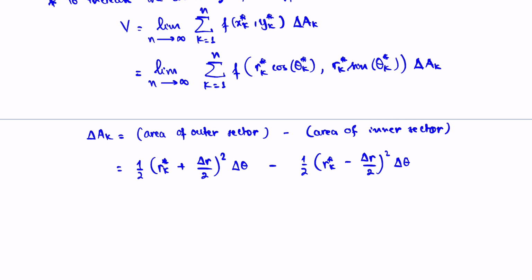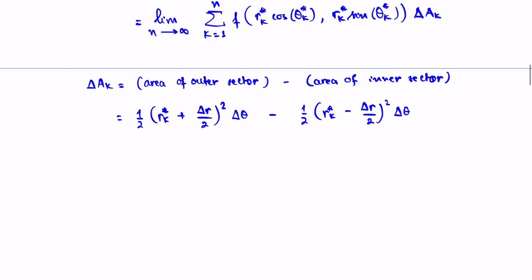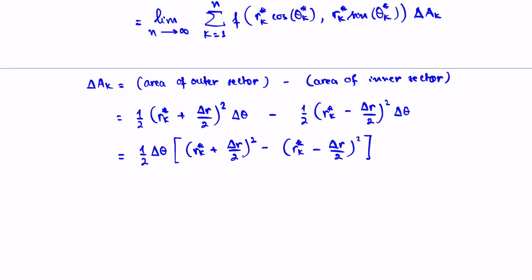So 1/2 delta theta is a common factor, and we factor that out. You're left with 1/2 times delta theta times r_k star plus delta r divided by 2, squared, minus r_k star minus delta r divided by 2, squared.